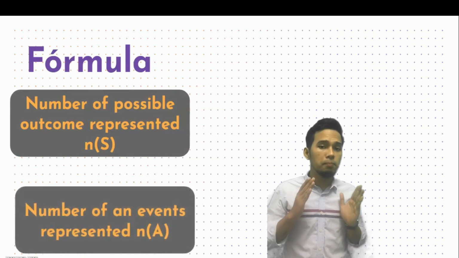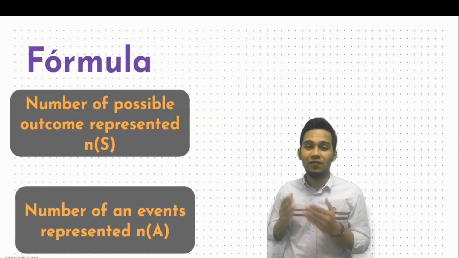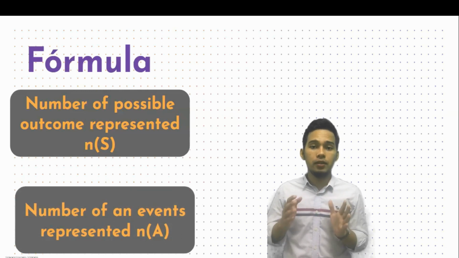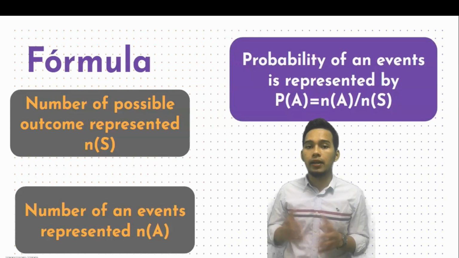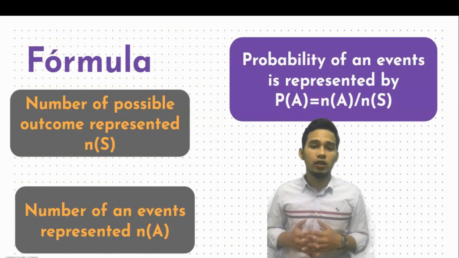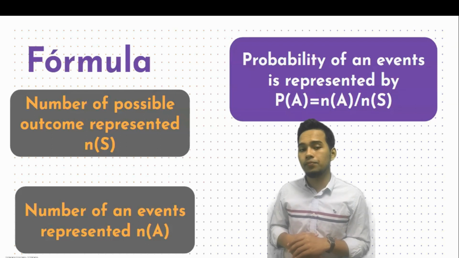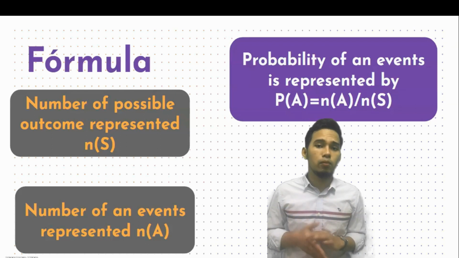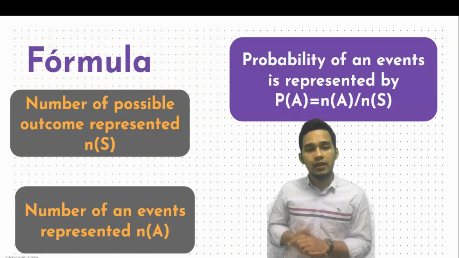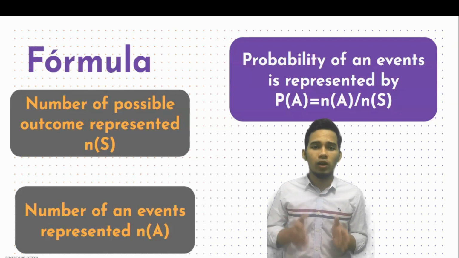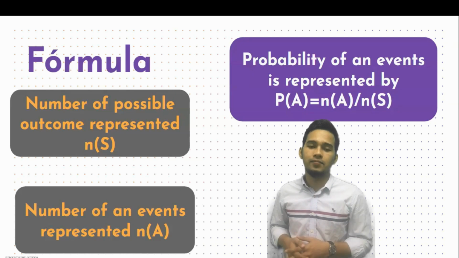So, the probability of an event is P(A) equal to n(A) divided by n(S). This is the right formula to solve this question. Please bear in mind that probability is equal to event over sample space. It is very important when we want to find the answer later.